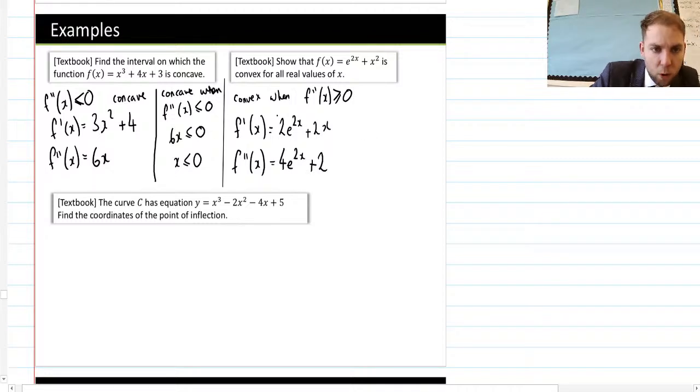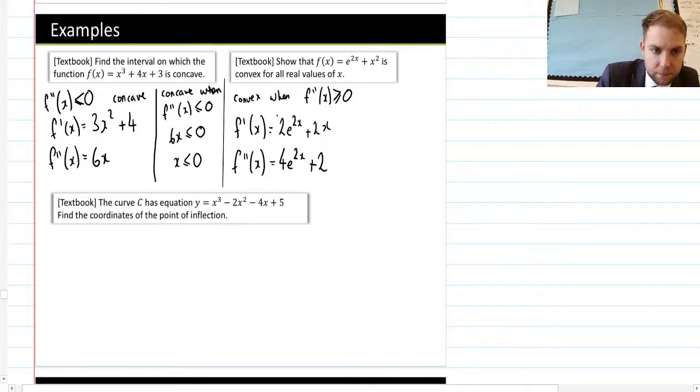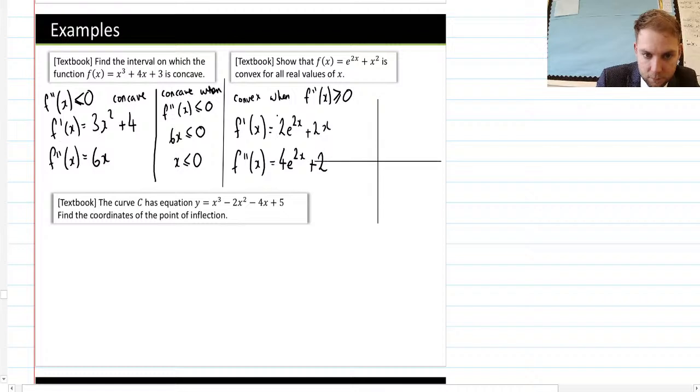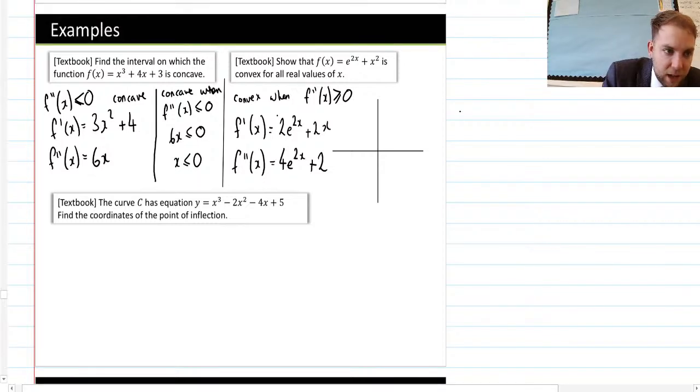So if I think about what this graph actually looks like, well, 4e to the 2x, it's still going to be a curve like this, isn't it? But up by 2 means I've actually got an asymptote at 2. So let's draw that asymptote at 2.